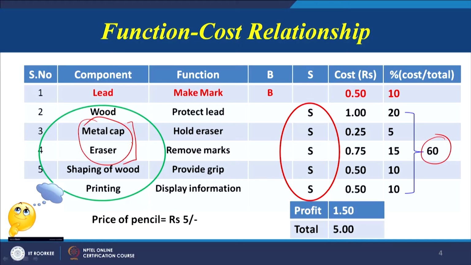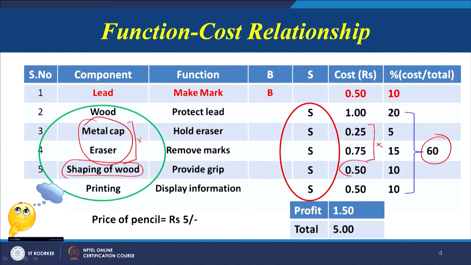So we can ask whether integrating the function of an eraser and a metal cap is really an important design requirement. If we can eliminate this, the cost associated with it will easily be eliminated. Similarly, for shaping of wood, we can do some creative thinking to find out how the wood can be shaped, and what the latest technology, techniques, machines and equipment available are, which can further help us focus on this component of the cost.